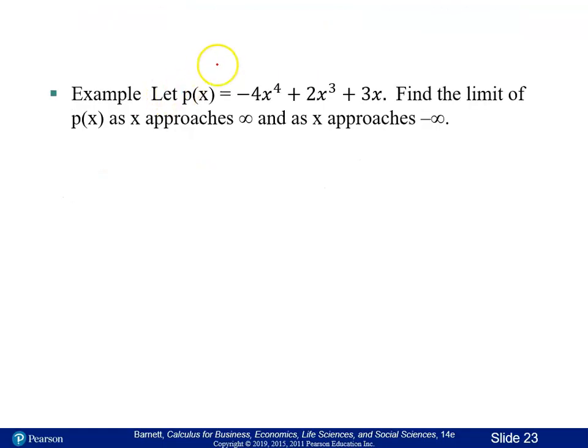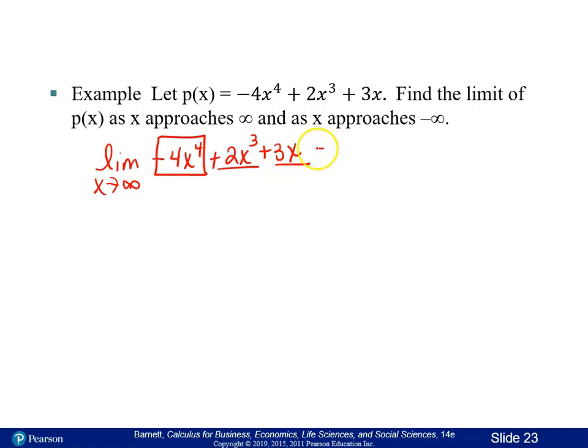Okay, so here's one. If we want to take the limit as x goes to infinity on this, we've got negative 4x to the fourth plus 2x to the third plus 3x. Again, these really aren't significant. This is the one that we're going to focus on. So it's equal to the limit as x goes to infinity of negative 4x to the fourth.